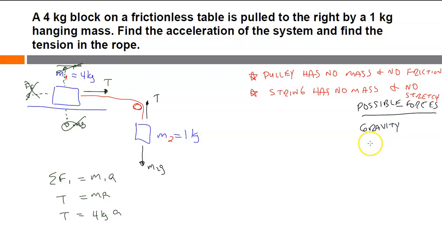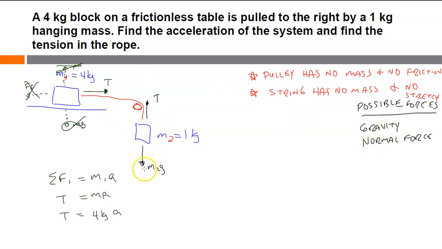If you're on Earth, gravity is pulling down. The only time you wouldn't need gravity is if the normal force is canceling that out. So that's another possible force. In this case, box sitting on the table, gravity pulls down, but the normal force cancels it out. So both of these go away.